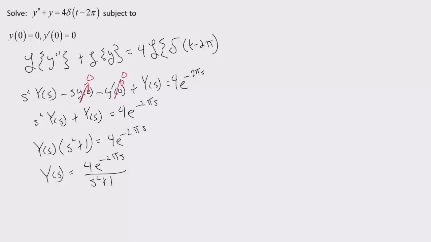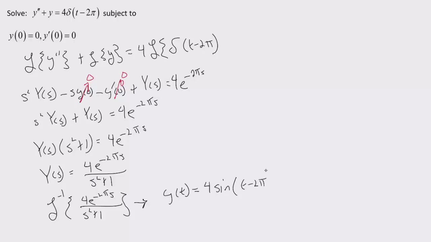Alright, so when I do the inverse Laplace on that term, I just end up getting y of t is equal to 4 sine of t minus 2 pi, and a unit step of t minus 2 pi.